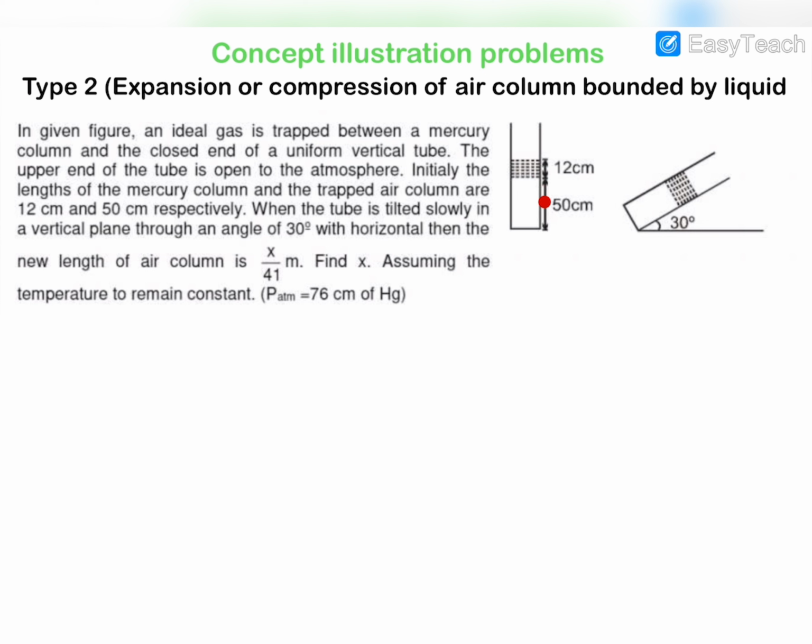The length of the air column is 50 centimeter and the length of the mercury column is 12 centimeter. Atmospheric pressure is obviously P naught, which is 76 centimeter of Hg. And what we have done, we have tilted this tube by an angle of 60 degree with the vertical, and we have to find out the new length of this air column.